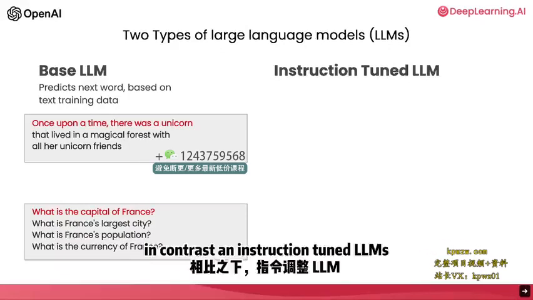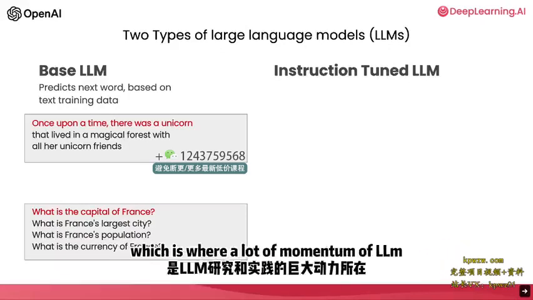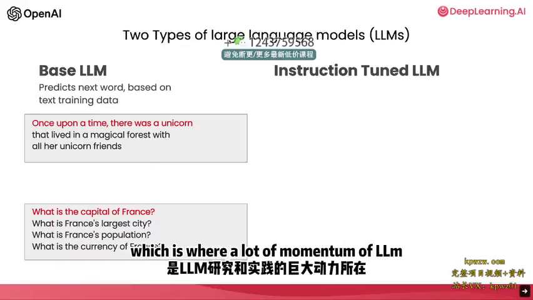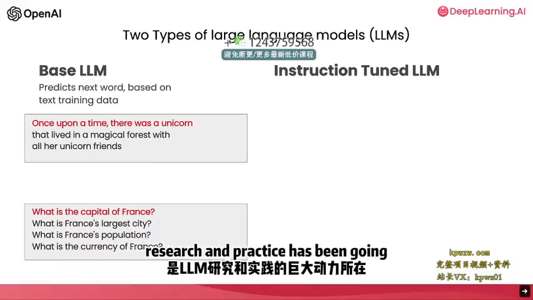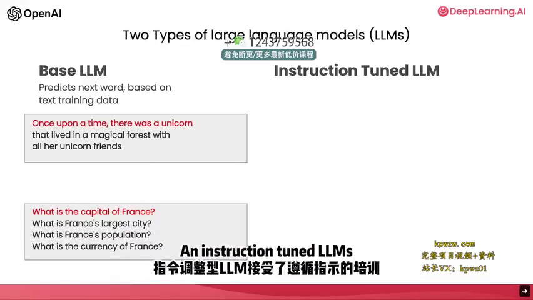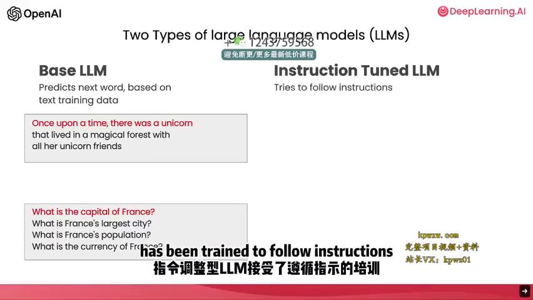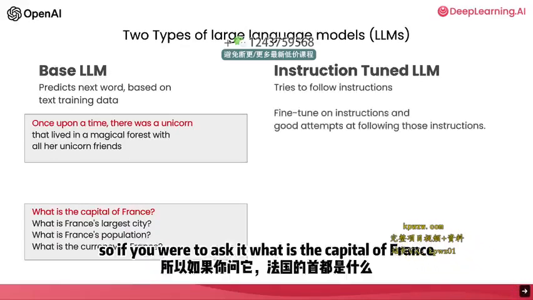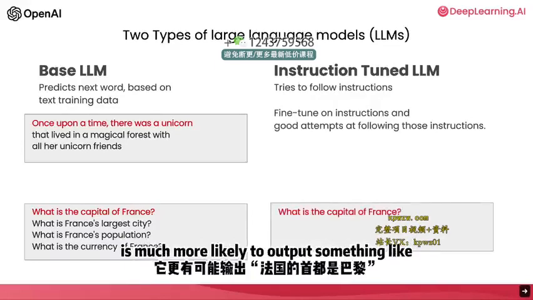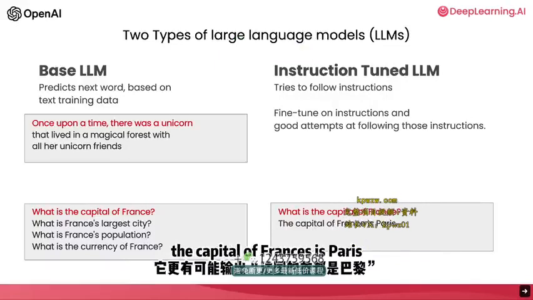In contrast, an instruction-tuned LLM, which is where a lot of the momentum of LLM research and practice has been going, an instruction-tuned LLM has been trained to follow instructions. So if you were to ask it, what is the capital of France, it's much more likely to output something like, the capital of France is Paris.